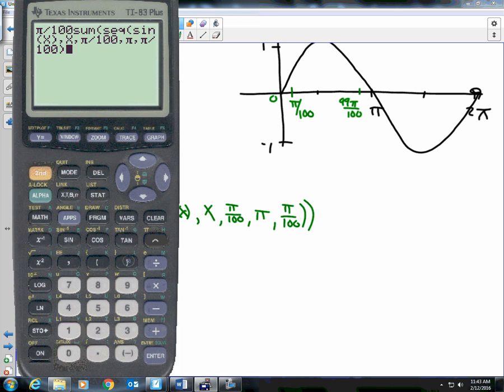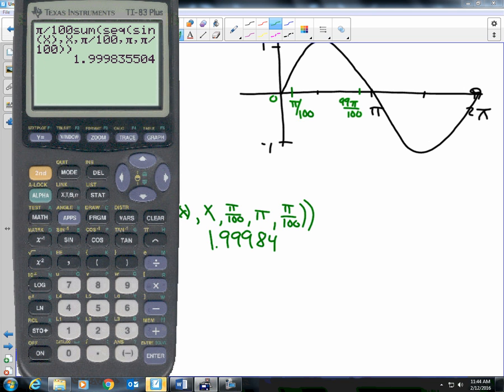So I have two parentheses to close it. It takes a while for your calculator to compute this. Awesome. There we go. 1.99984. We'll carry out to 5 for this one.